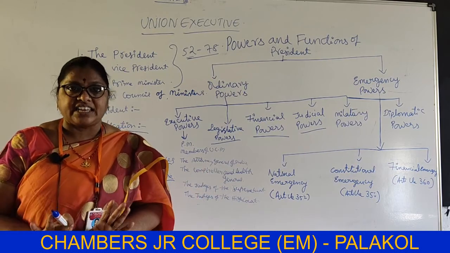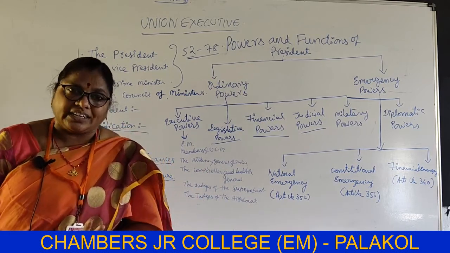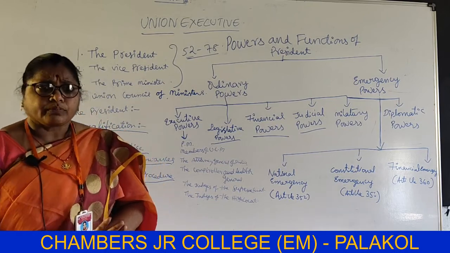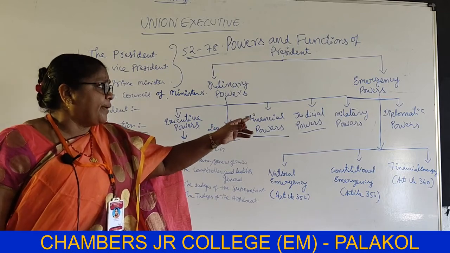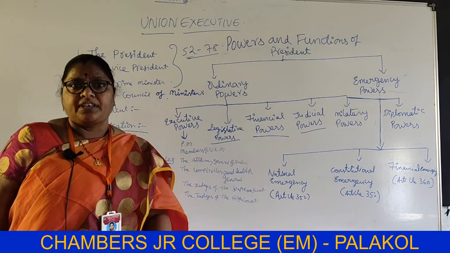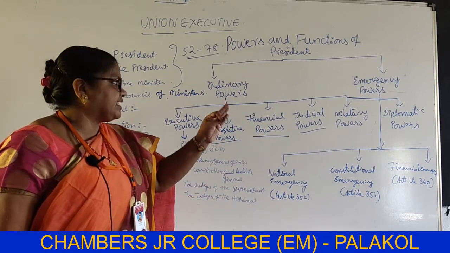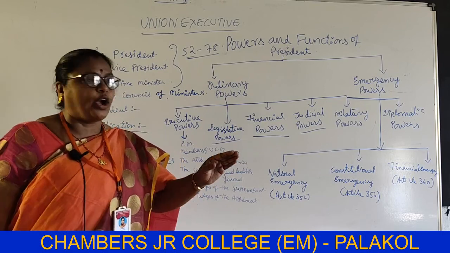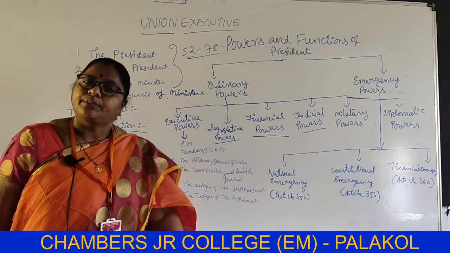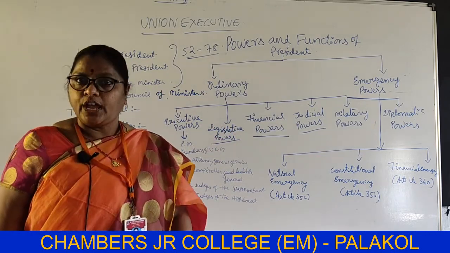That is, he can declare a war or conclude it with peace. He appoints the heads of the 3 armed forces: Navy, Army and Air Force. Okay, these are his military powers.